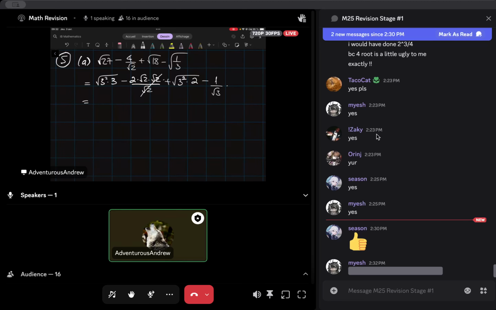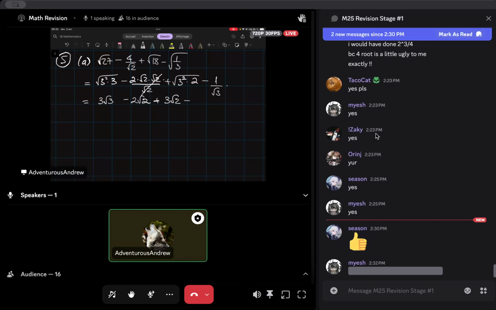Root of 3 squared times 3, that's going to be 3 root of 3 minus 2 root of 2 plus 3 root of 2 minus. We do not want roots in a denominator, so we are going to rationalize it.